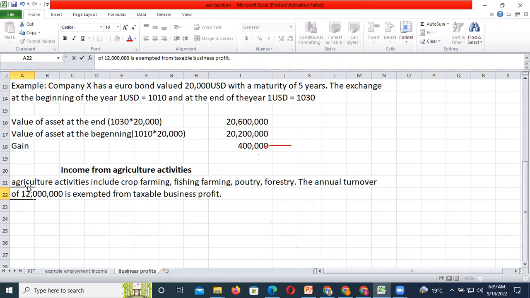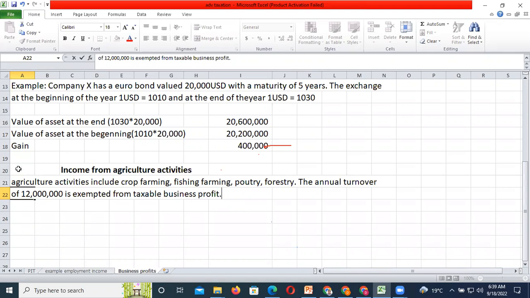So if a taxpayer is in these agriculture activities, as mentioned, the annual turnover of 12 million will be exempted. It's not going to be taxed as long as it belongs to these activities.